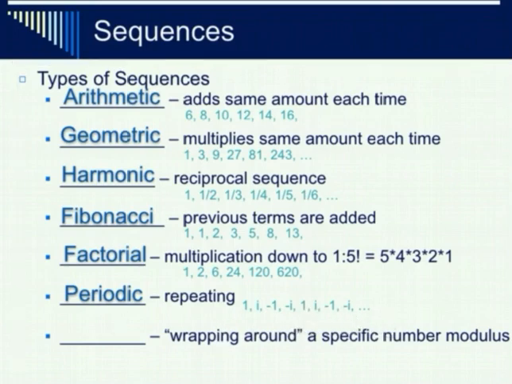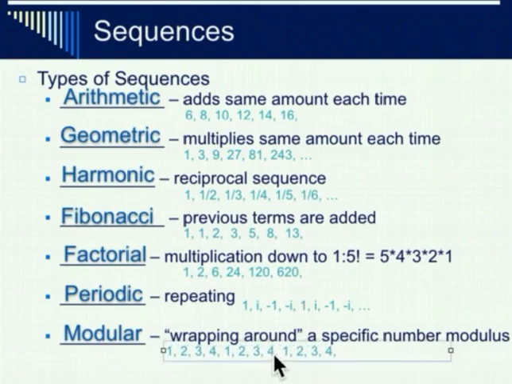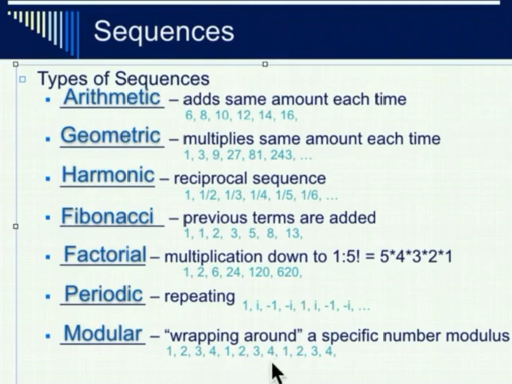Kind of related to that, a special type of periodic sequence is a modular sequence. A modular sequence is when you wrap around some number. For instance, if you're in music, you recite the modular sequence 1, 2, 3, 4, 1, 2, 3, 4, and so forth. In this case, we're wrapping around 4.